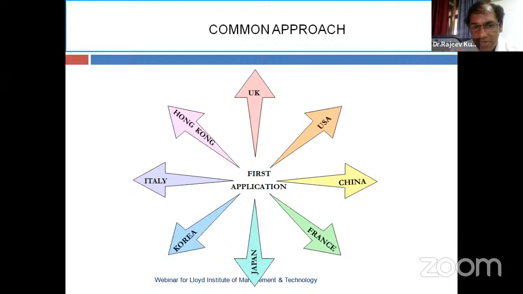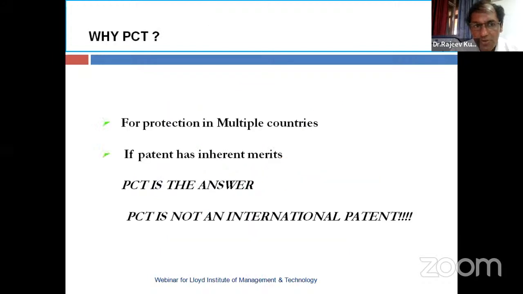You can enter the national phase of any country by opting for this method of patent filing. So PCT is for protecting in multiple countries. It's not an international patent, but it is an application, and that application can be prosecuted in multiple countries.